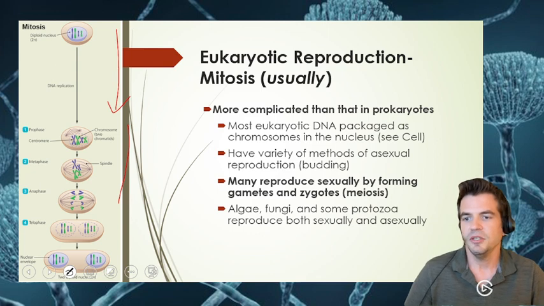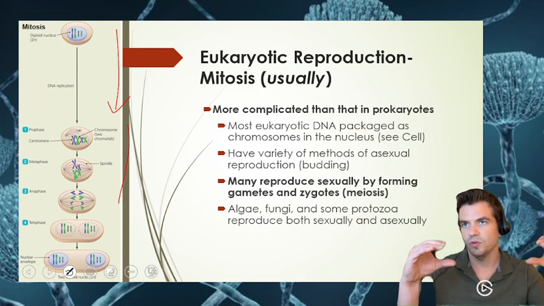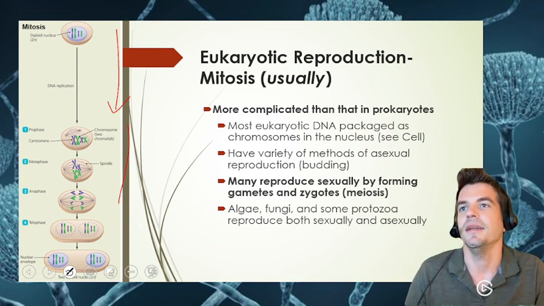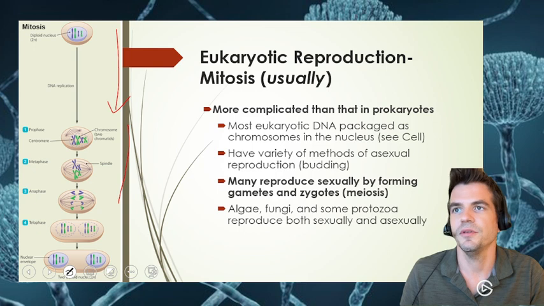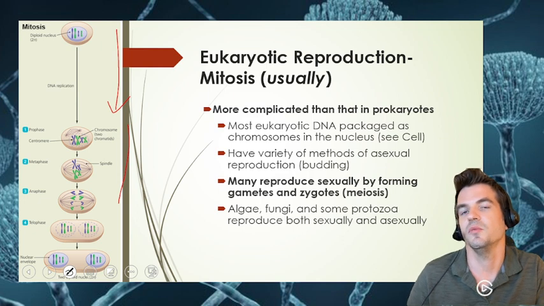We label each of the phases, and by the time there are two full nuclei, those cells will pinch, and we will have two daughter cells. So that is how most eukaryotic cells reproduce.